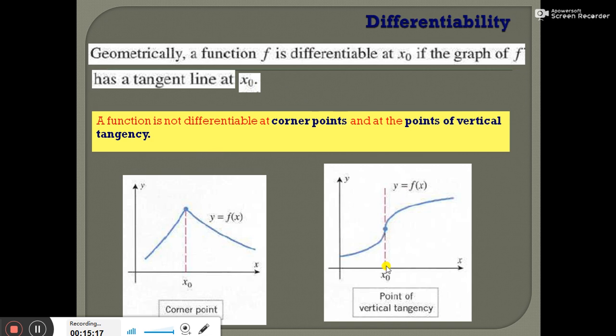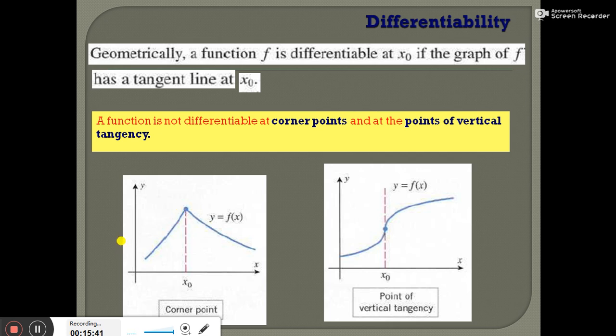That is the tangent line. At this point x node, this tangent line is parallel to the y-axis. And this is not differentiable because dy by dx is equal to infinity. At corner points, the left hand derivative is not equal to the right hand derivative, so the function is not differentiable.